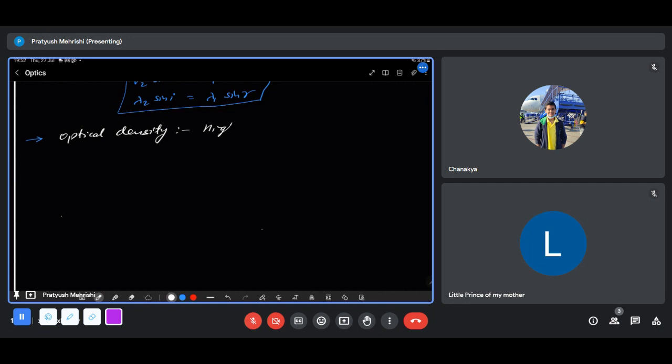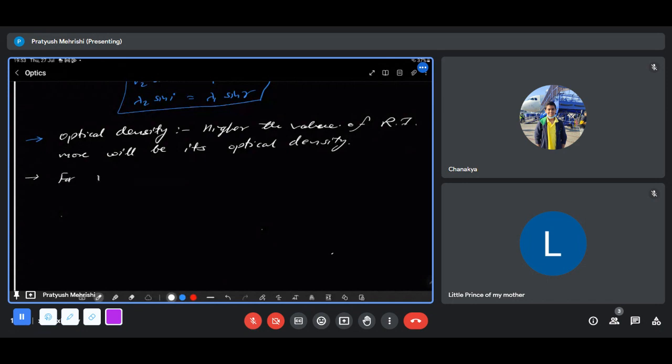It means the higher the value of refractive index, the more will be its optical density.